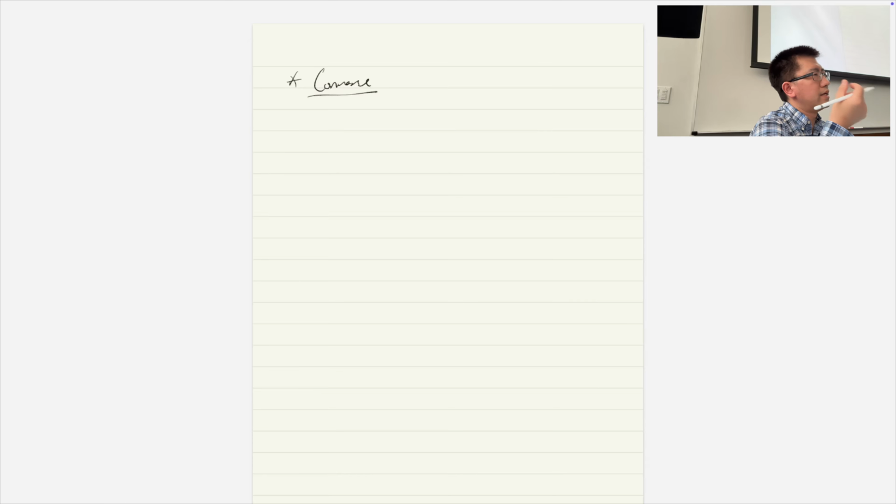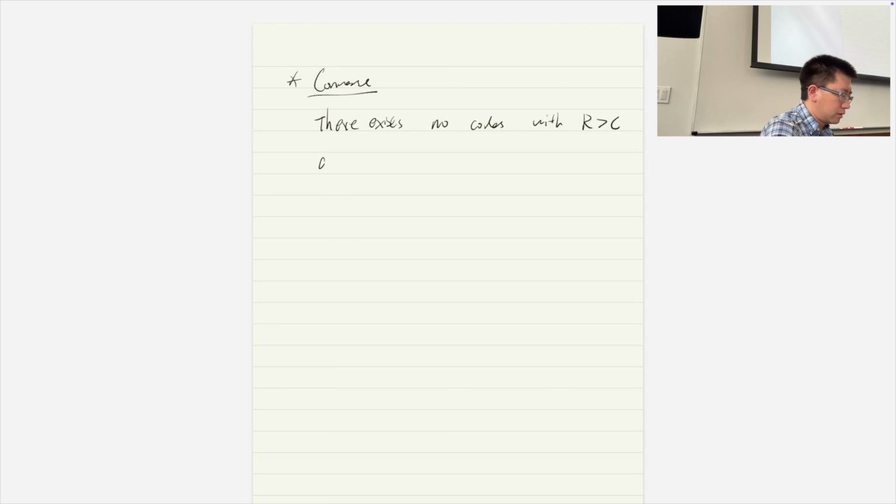The converse is the impossibility. We want to show something that is impossible. So basically it means that we want to show there exist no codes with rate bigger than the capacity C and arbitrarily small error probability.